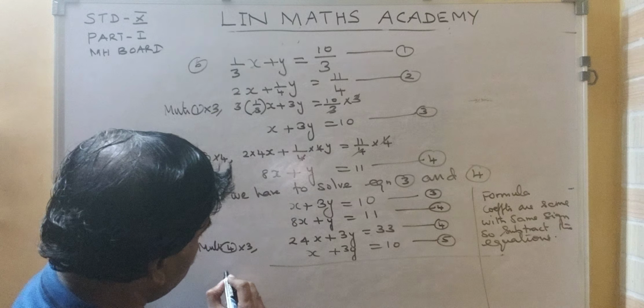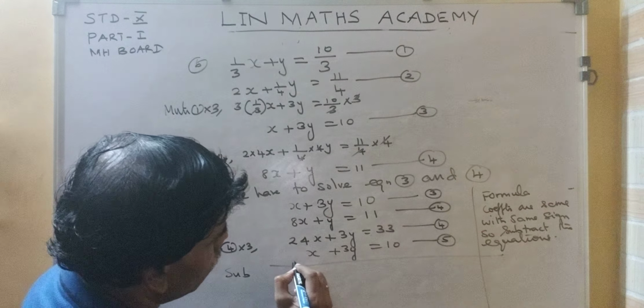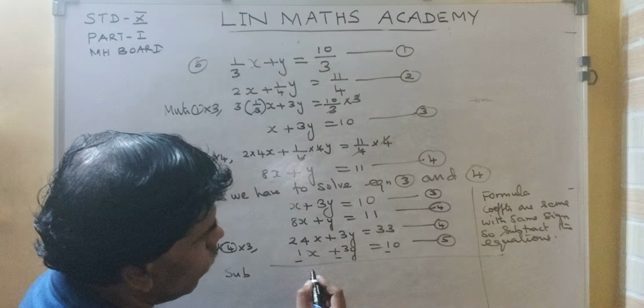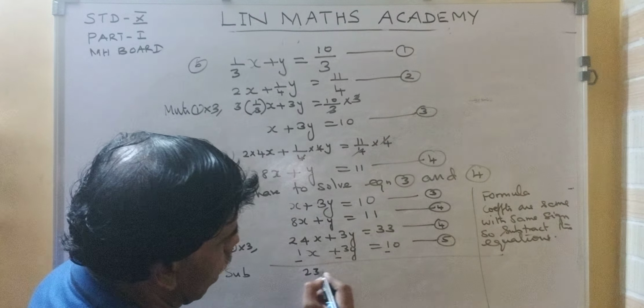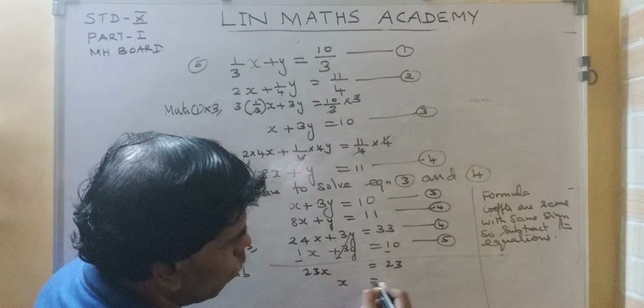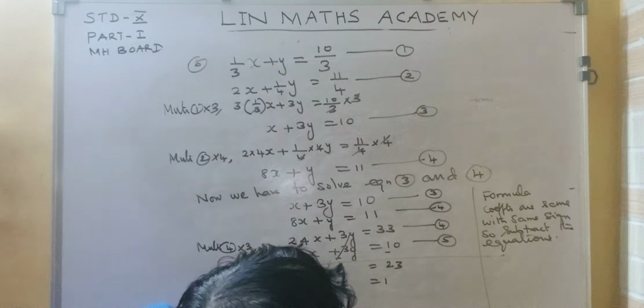Okay. So subtract means what? Change the sign. So 24x minus 1x, 23x is equal to 23. So x equal to 1. Right? Now, understand?